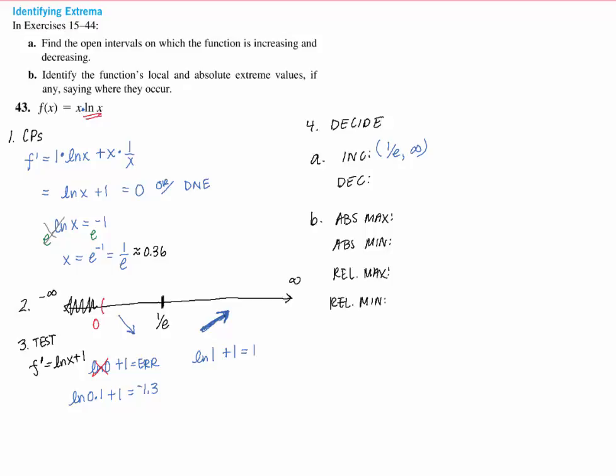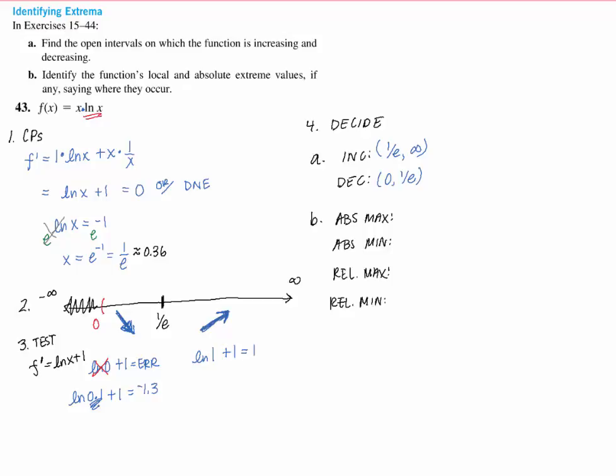Between 0 and 1 over e, we found tangent lines with negative slopes. That's because we tested one point. You could test 0.2 or 0.3, anything less than 0.36, and you would find that all those points had negative slopes of tangent lines. So that means it was decreasing on that interval.